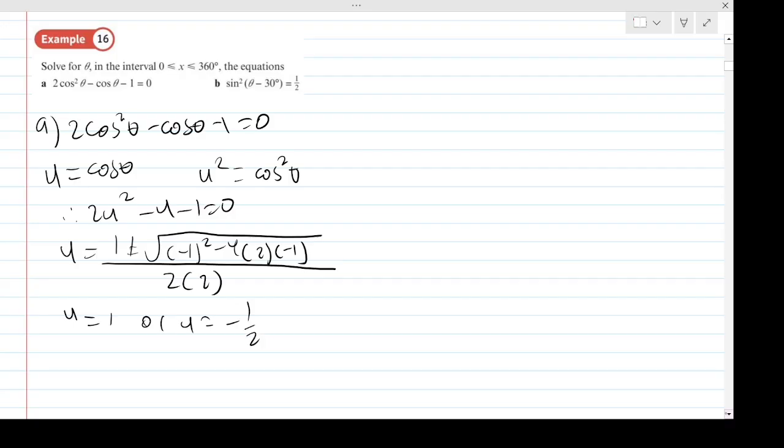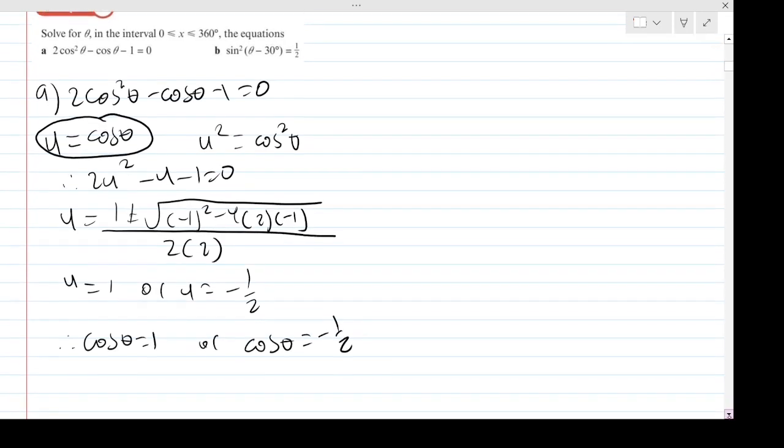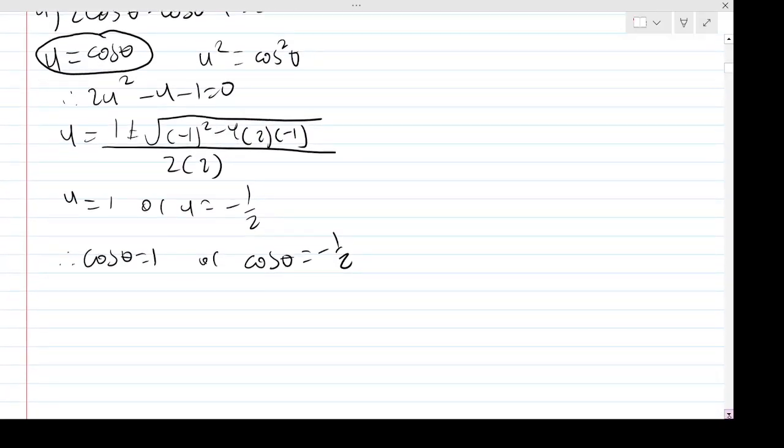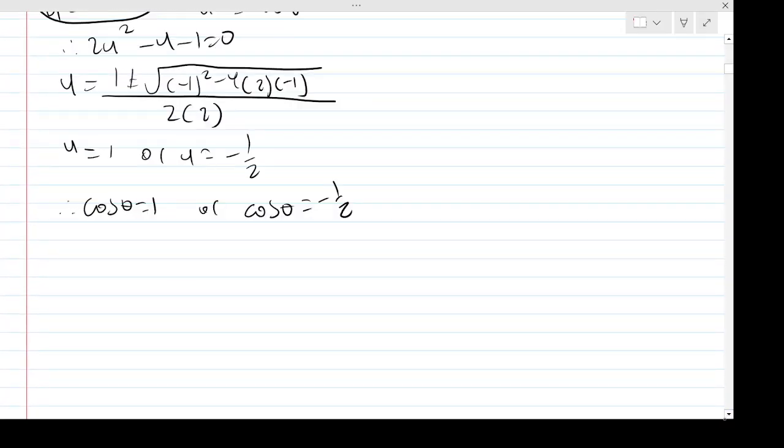But again, we don't want to solve for u. Remember, we want to solve for theta, right? So we need to bring back in our substitution. So if u is cos theta, then either cos theta would equal 1, or cos theta would be minus a half. And so we can proceed to solve both of these equations separately, okay?